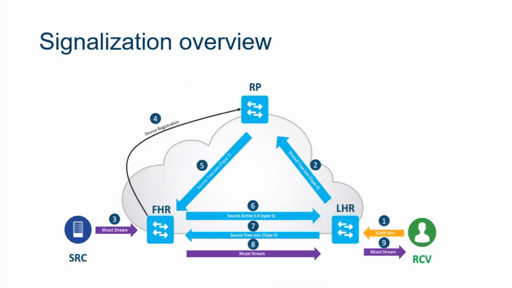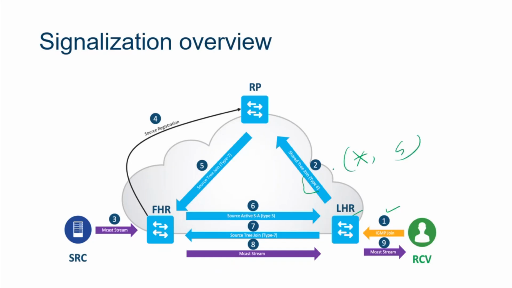Let's just look at it periodically. Somehow I was not able to build some animation because some part of this is a picture, but you just follow these numbers. 1, IGMP join came to the LHR. The LHR will generate this type 6 route, that star comma G, right?